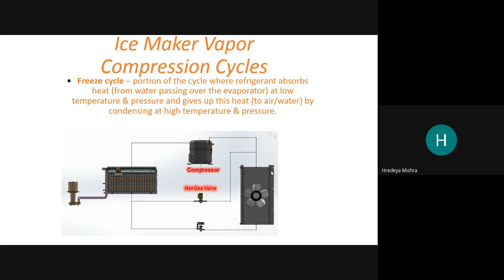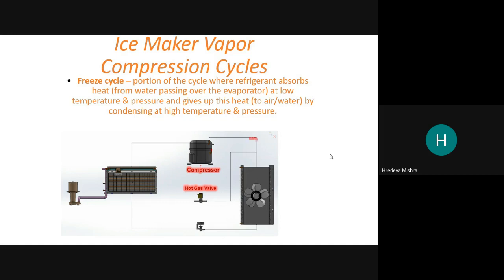So we can say it is the portion of the cycle where refrigerant absorbs heat from water passing over the evaporator at a low temperature and pressure, and gives up the heat to air or water by condensing at a high temperature and pressure. The freeze cycle is here.